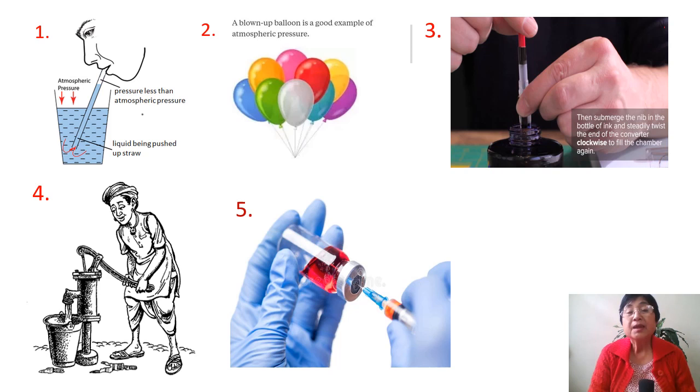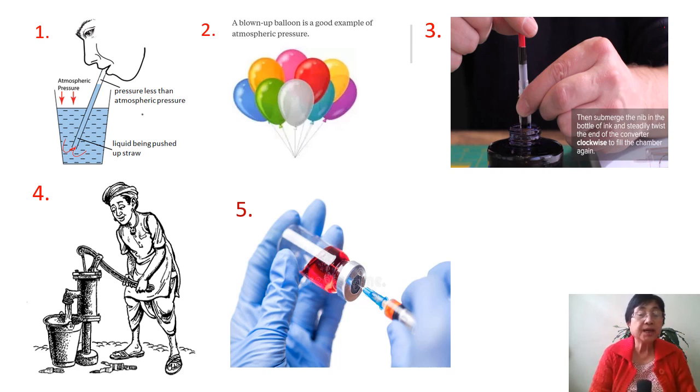And how is it so? Because when this inside area is reduced in pressure, then atmospheric pressure is acting on the surface of the ink. It will force the ink to get into the area which has less pressure. That means the inside of the rubber tube.